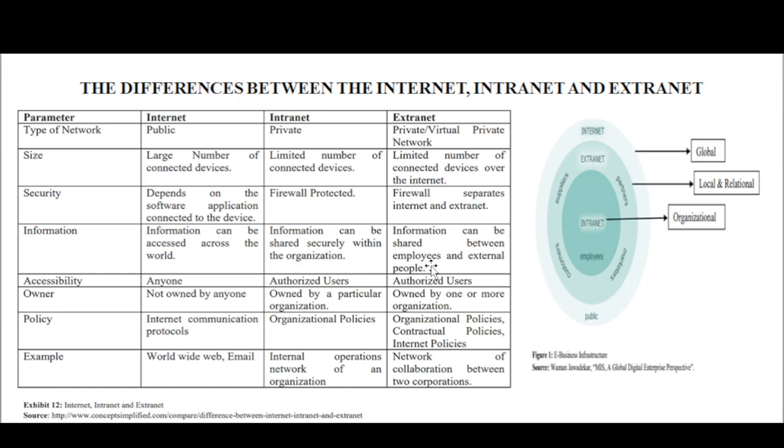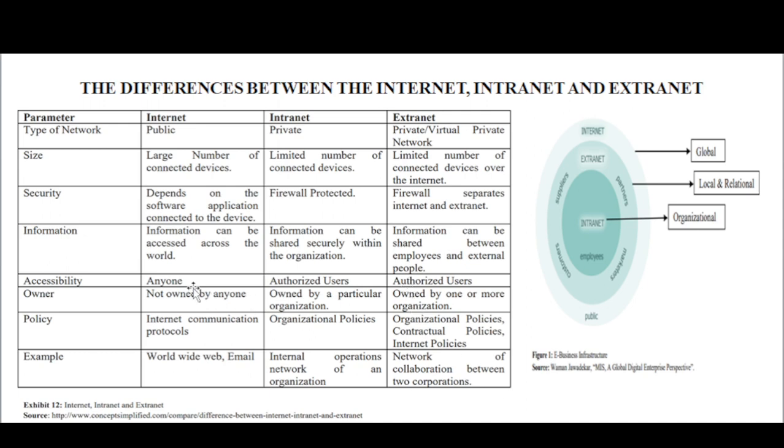Then in extranet, information can be securely shared between employees and external stakeholders. Then accessibility. In the internet anyone can access content through internet connections. Then intranet is accessible only to authorized users within the organization. Then extranet is accessible to authorized users including external partners or clients.